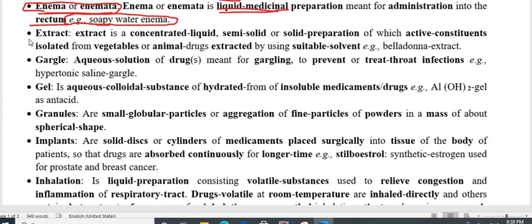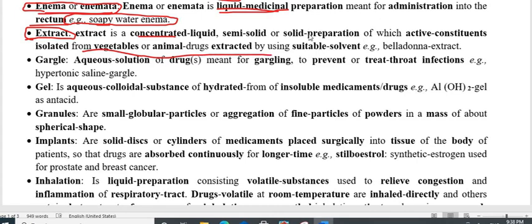Now we have to go through the extract. This is quite similar to the decoction, because in that you can say the extraction is also done. But in this case, this may be liquid, this may be semi-solid, and this may be solid, a concentrated solid of the active constituent, particularly when we are isolating it from an animal or vegetable source, like belladonna extract.